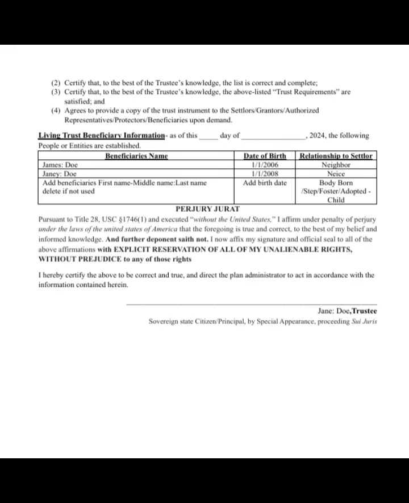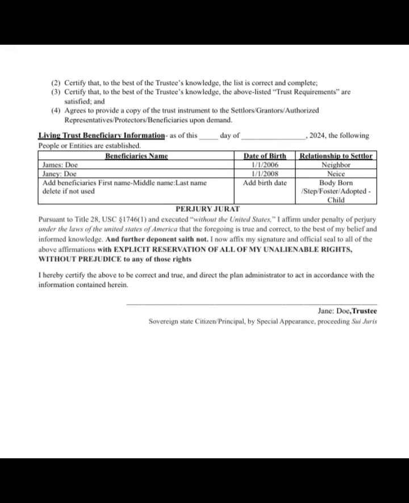And if you want this free PDF, let me know. I'm also going to create an editable version of this that's going to be included with the private trust book that I'm going to be creating for the U.S. Treasury UCC contract trust packet.